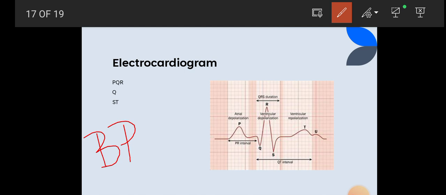Here in the graph, it is already written atrial depolarization. We have the P wave and P interval. Next we have ventricular depolarization, where QRS duration is noted. Next we have ventricular repolarization, where ST is noted. So all these intervals and durations are very important to know the electrocardiogram.